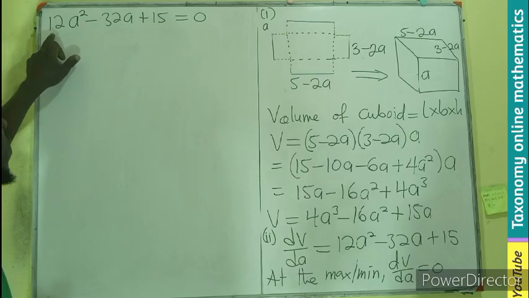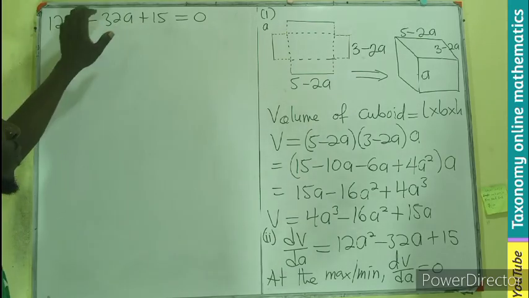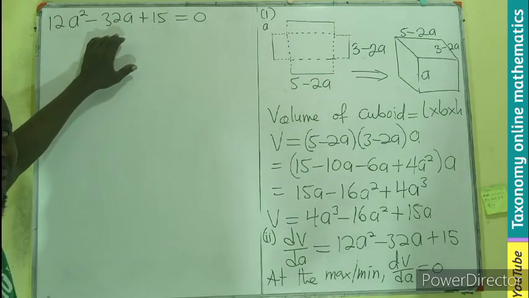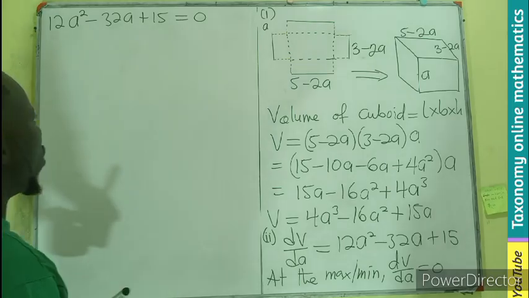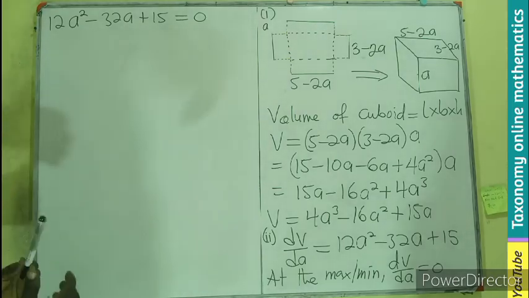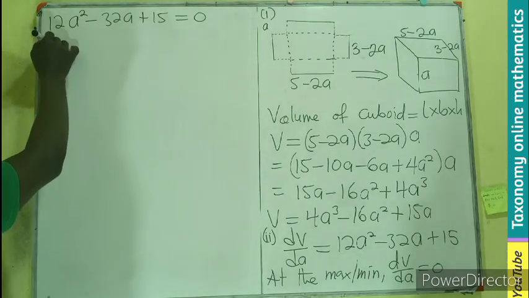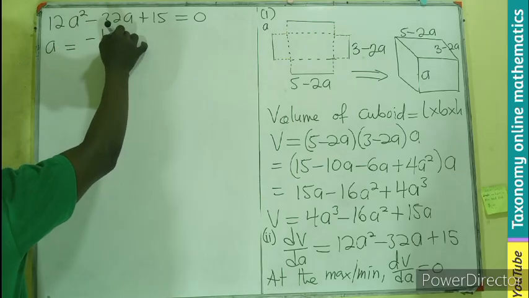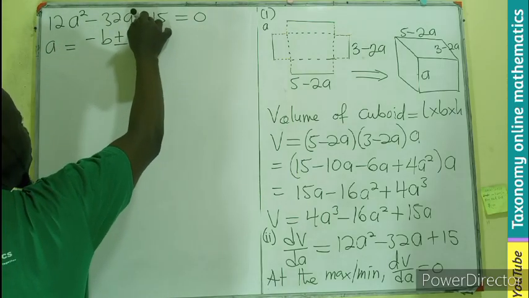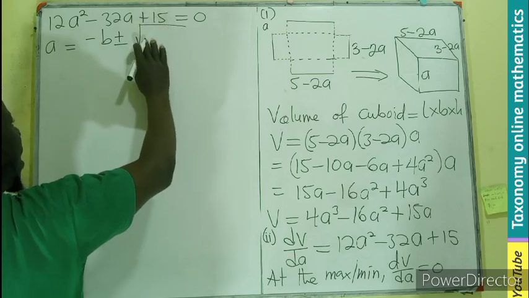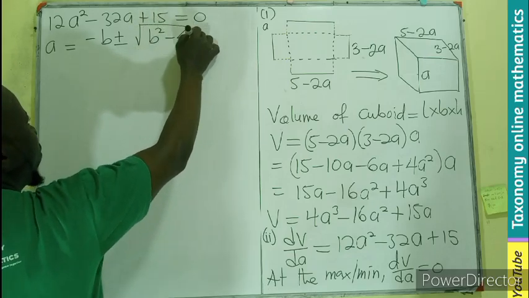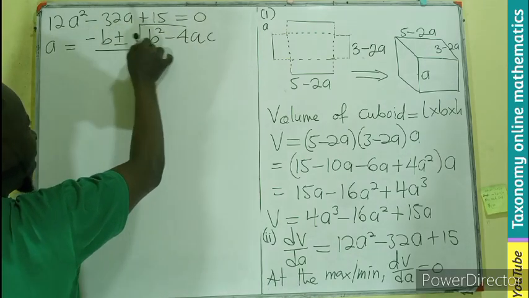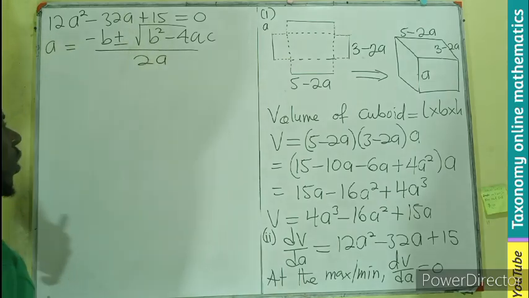This one is 15 times 12. Look out for the factors to get this. I think that will be a bit long, so let's go for the quadratic formula. So our a will be equal to minus b plus or minus the square root of b squared minus 4ac, divided by 2a.